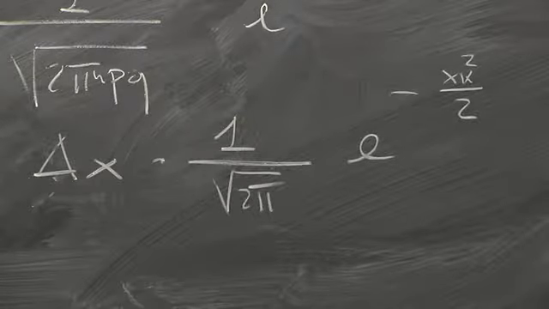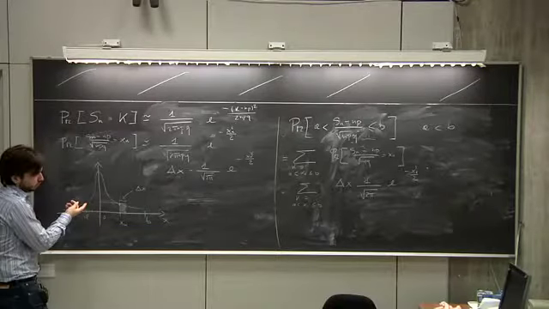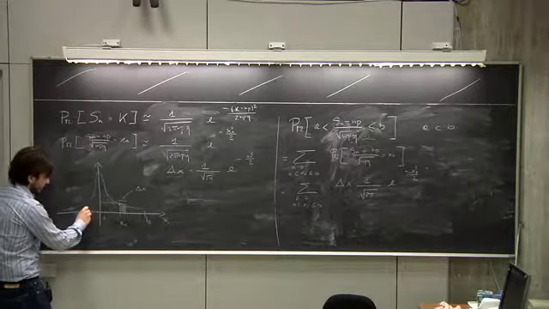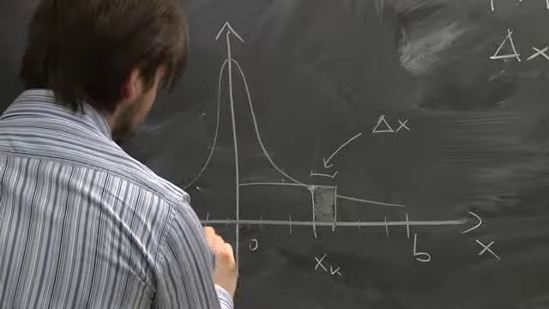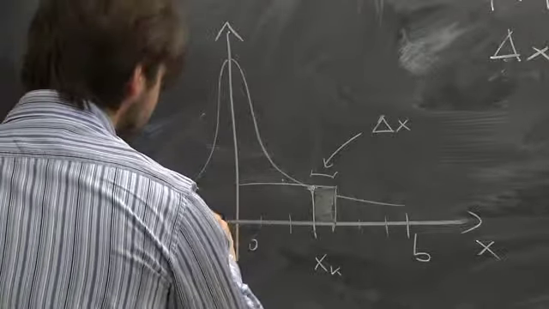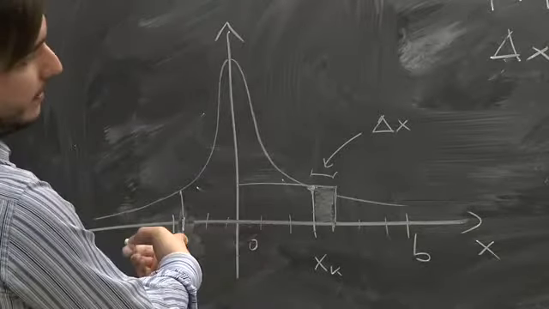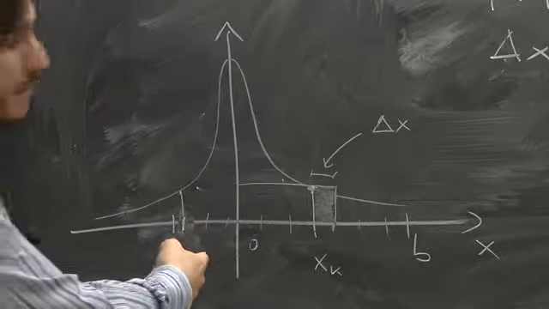Essentially, what does this mean? Just look at it. Let's start from here. Maybe A, it's a little bit. This is the first xk over which you're summing.